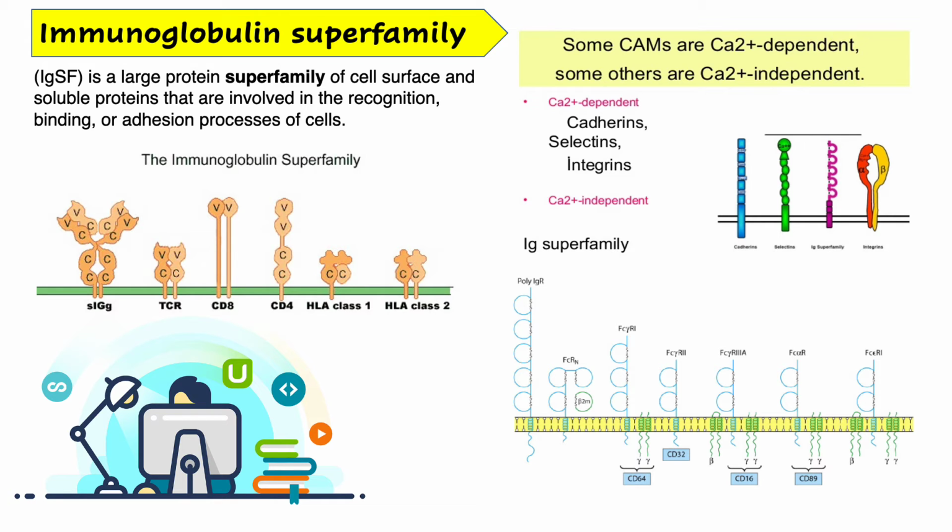Whereas some CAMs are calcium 2+ dependent, whereas some others are independent. Okay, examples are cadherin, selectin and also integrin. As you can see, this is the component, whereas down here is the Ig superfamily. So lots of very small and tiny components are helping each other to form the immunoglobulin superfamily.